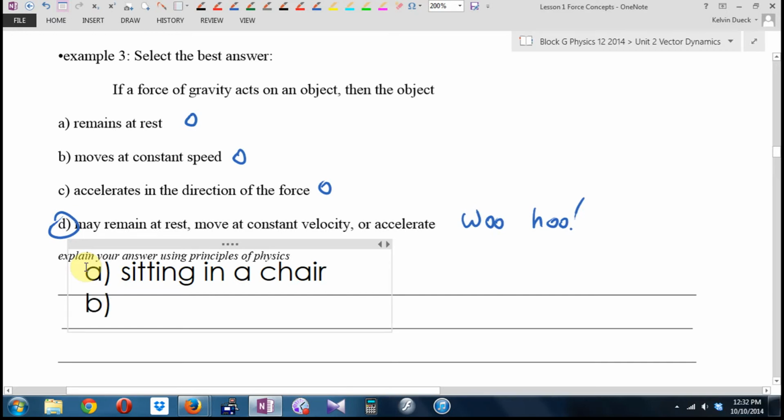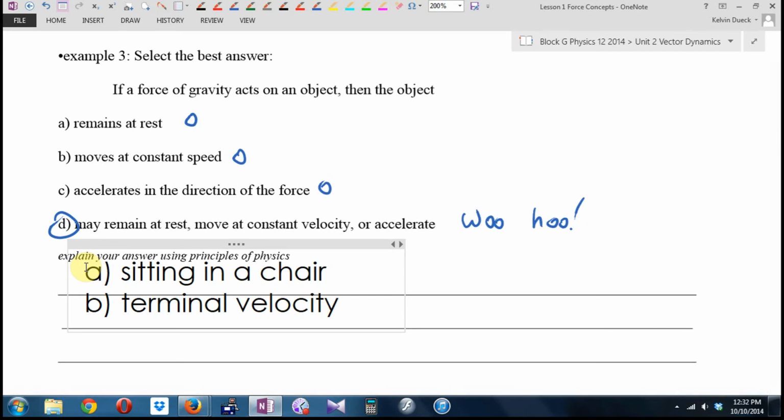Can you give me an example where B might be correct, where gravity could be acting on you while you're moving at a constant speed? When I jumped out of an airplane, initially I was accelerating, but there came a moment where air resistance up and gravity pulling me down canceled each other out.